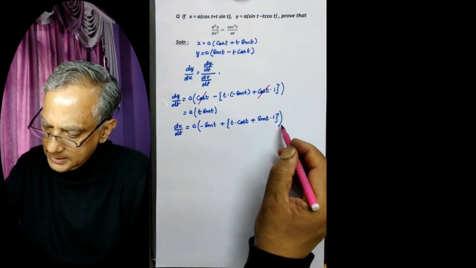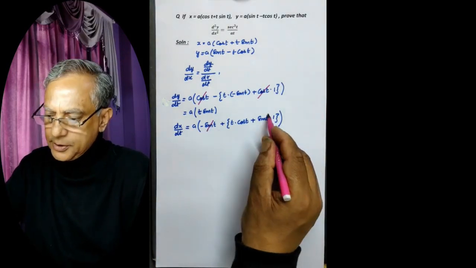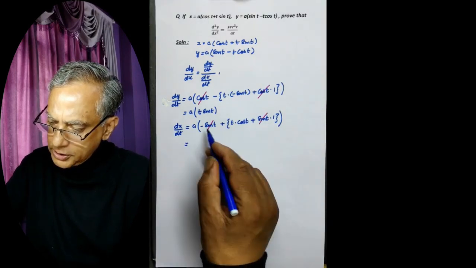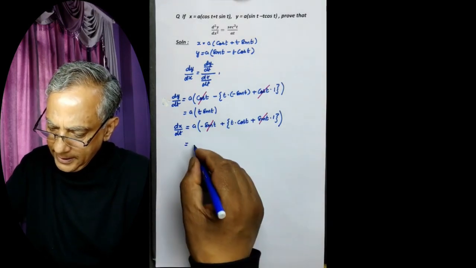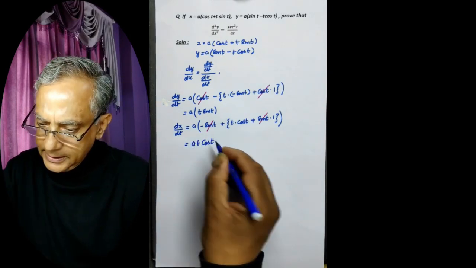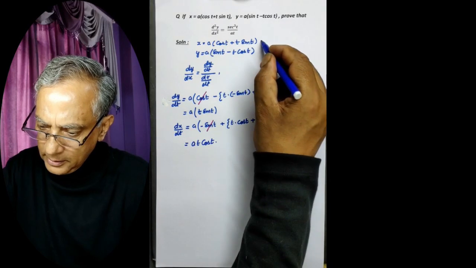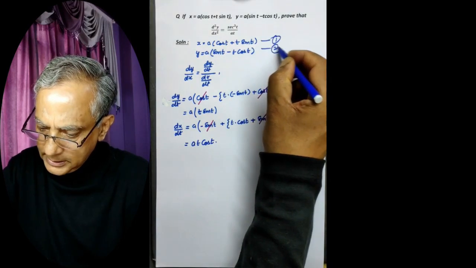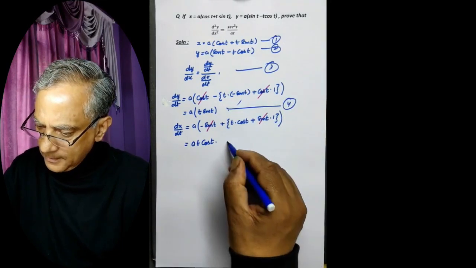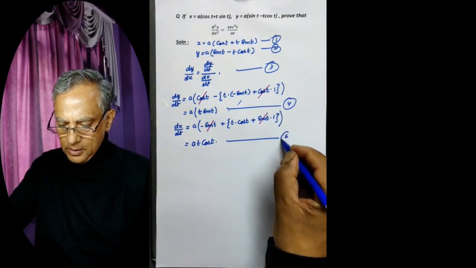Now minus sine t cancels with sine t, and we are left with a t cos t. Say this as 1, this is 2, this is 3, this is 4, and let this be 5.